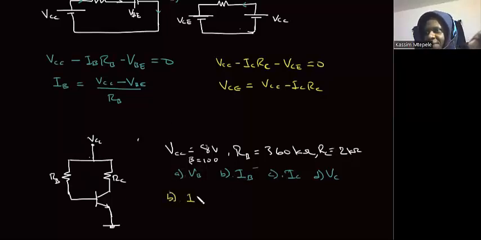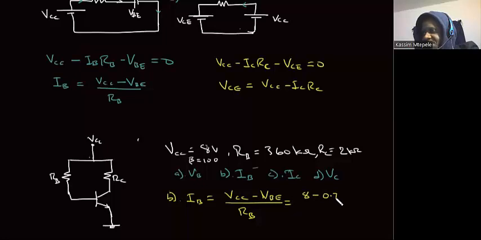which will be IB, the base current, equals VCC minus VBE over RB, which equals 8 minus 0.7 over RB, which is 360 kilo.